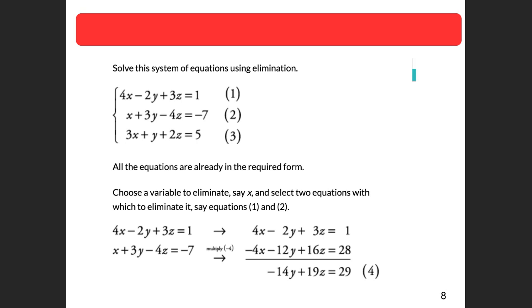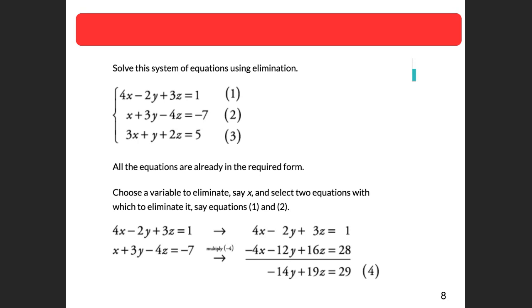In this problem, it says solve the system of equations using elimination. So we have to pick 2. Well, the first thing we have to do is decide which variable we want to get rid of. And I'm looking up there, and none of them are great to get rid of. So let's say that we choose x to get rid of.